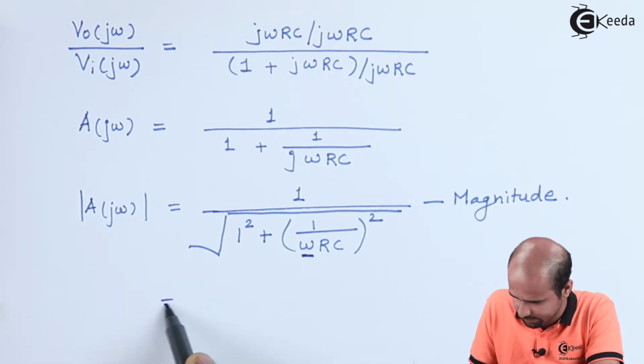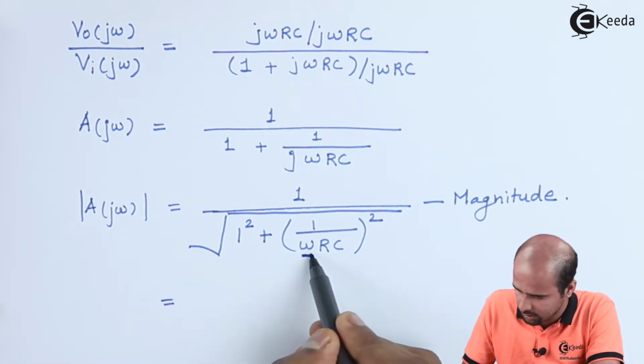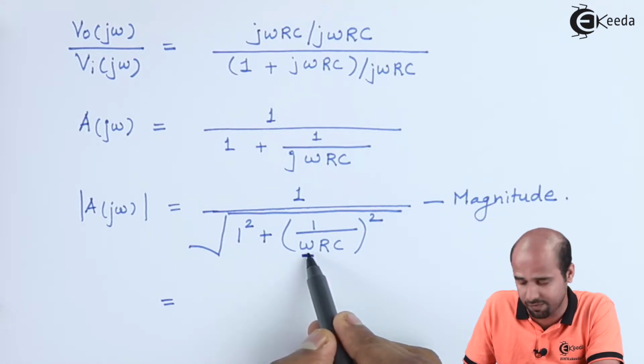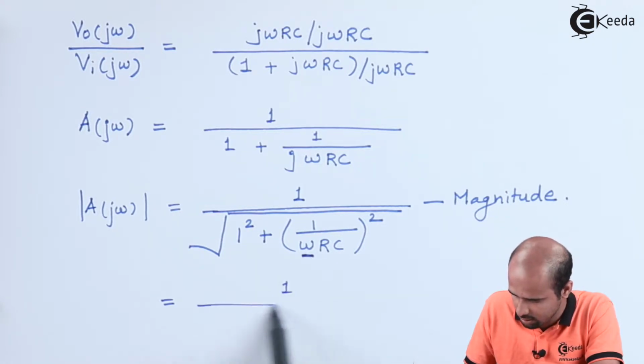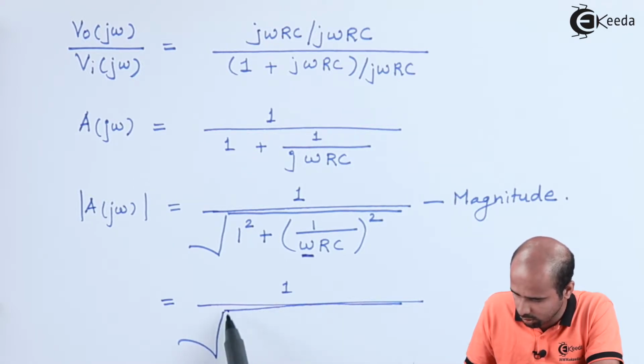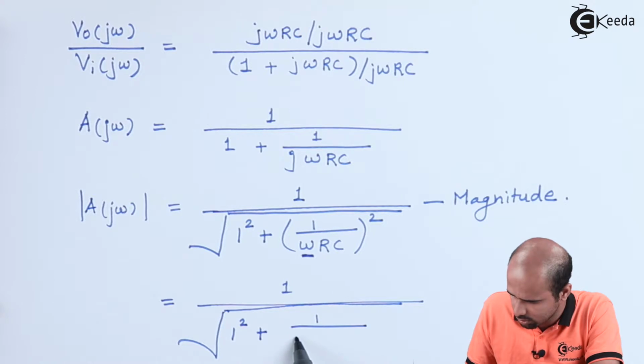If we treat omega as 2 pi f, we get 1 upon square root of 1 square, that is 1 only, plus 1 upon 2 pi f into RC the whole square.